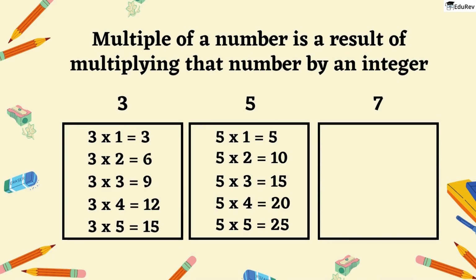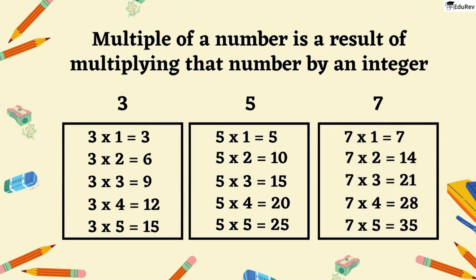And multiples of 7 are 7, 14, 21, 28 and 35. And not only these, but there are also many more multiples of these numbers. All these numbers are multiples and can also be divided with the numbers leaving the remainder 0.